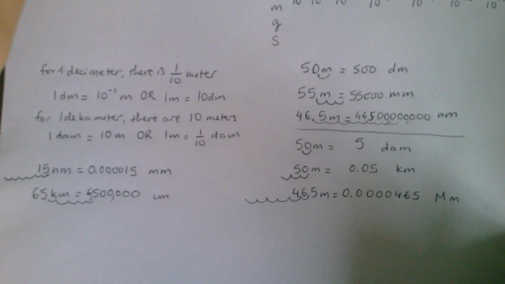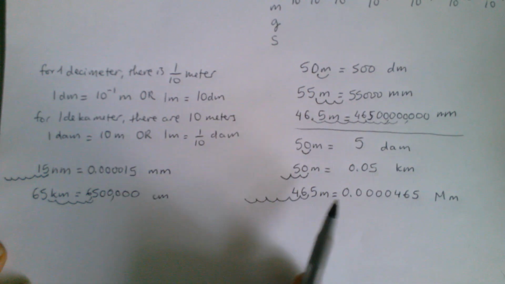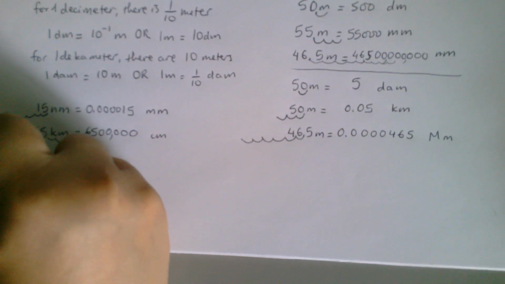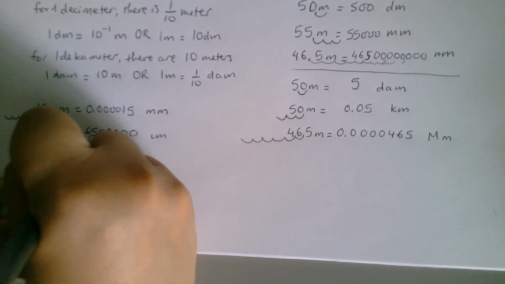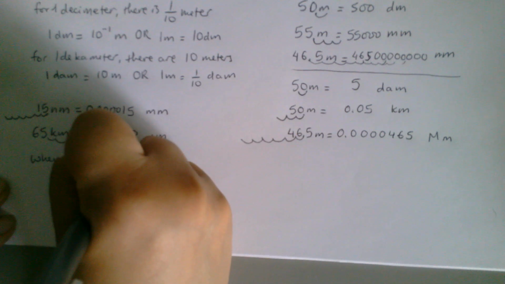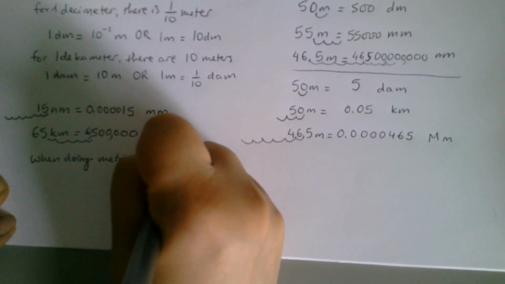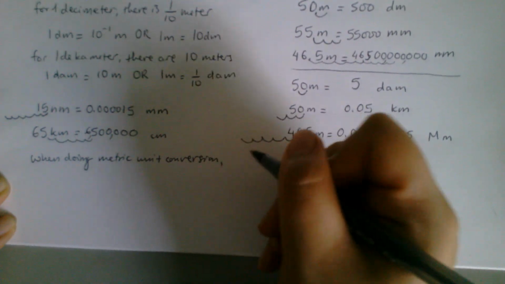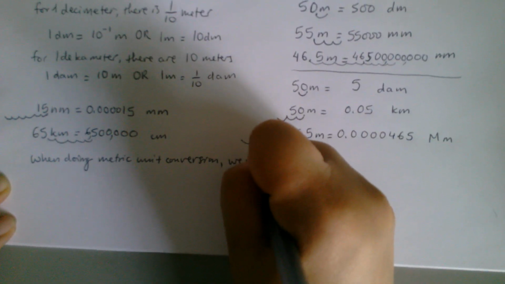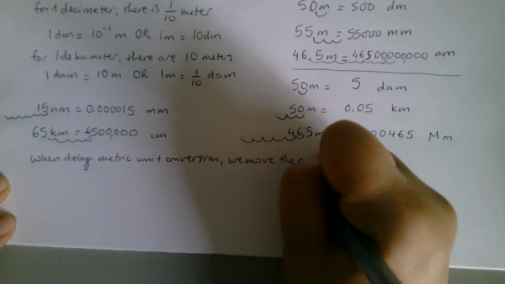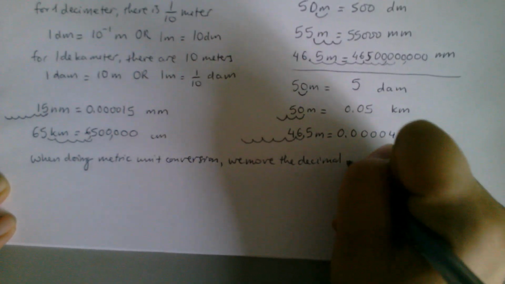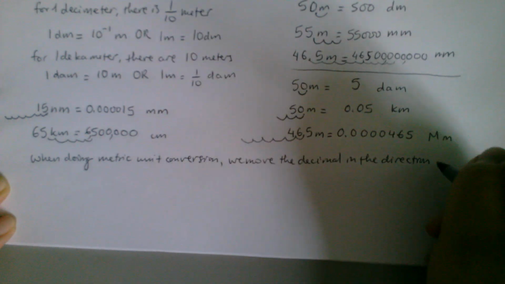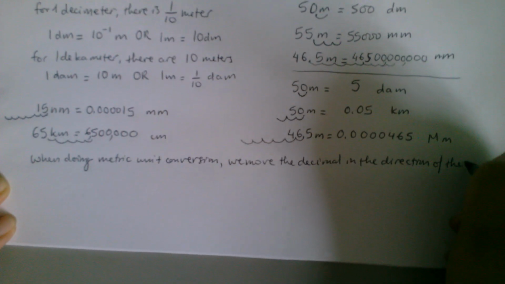That is just unit conversion. We use the number line to move. So here's a conclusion. When doing metric unit conversion, we move the decimal in the direction of the unit.